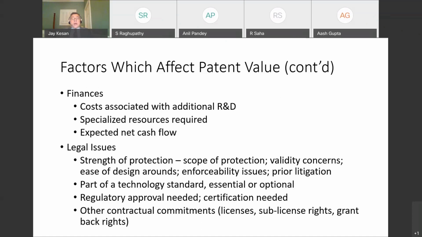There are a few more factors that affect patent value. As I mentioned, what are the costs that have to be incurred in order to do the additional R&D testing that we talked about?